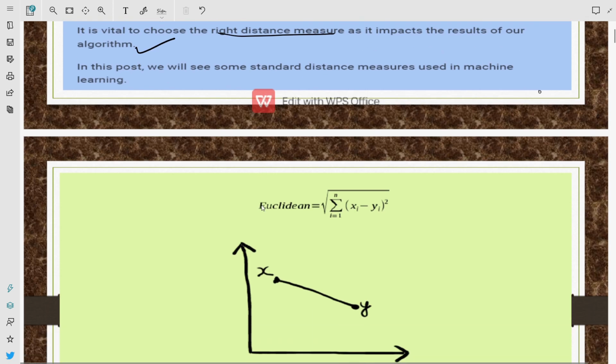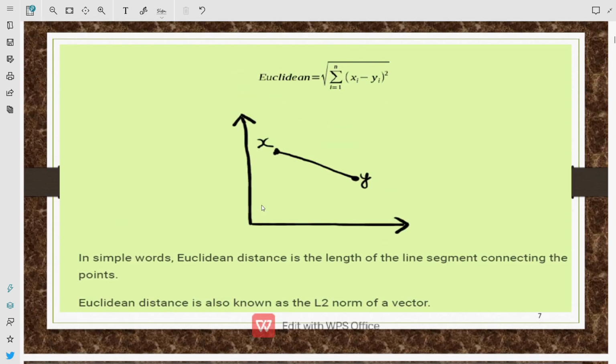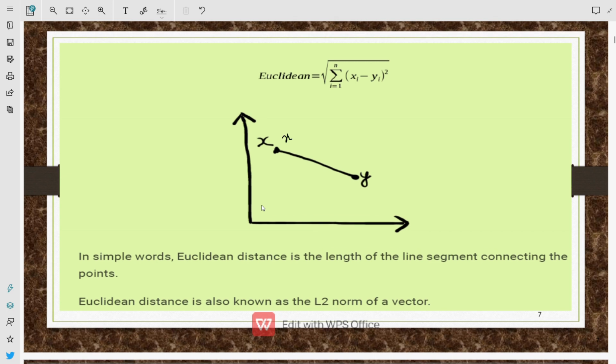Okay, see here, as I already told you, Euclidean distance is used to find out the distance between 2 points. Assume that this is x1 and y1, and then here we have x2 and y2.